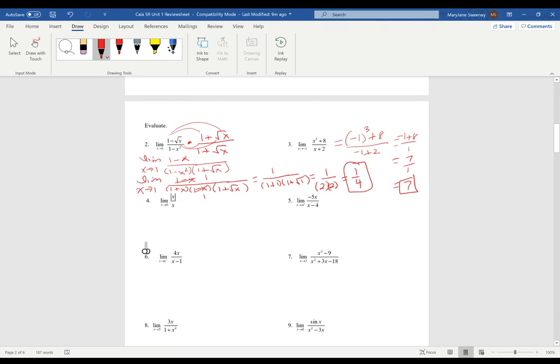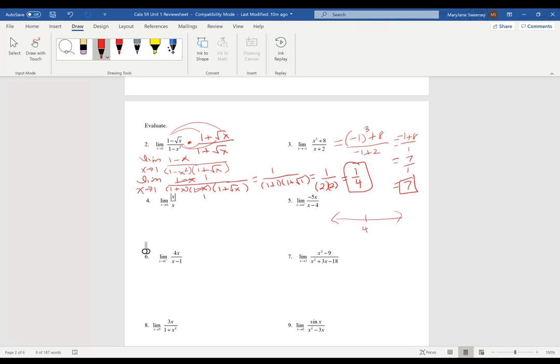Now, 5 is a limit as x approaches 4 from the right of that function. Just a reminder, if x was 4, we would have a vertical asymptote. So we're going to do a partitioning of the number line.